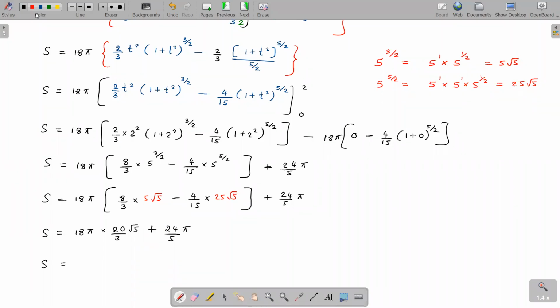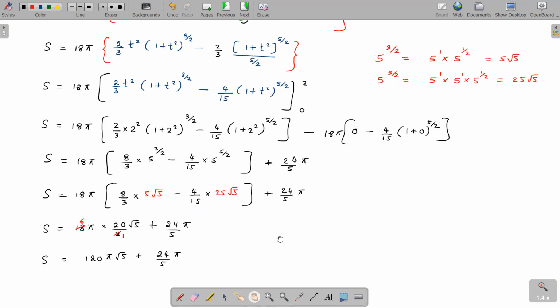Okay, so then I can cancel 3 times 1, 3 times 6 is 18. 6 into 20 is 120. 120 root 5 plus 24 over 5 pi.